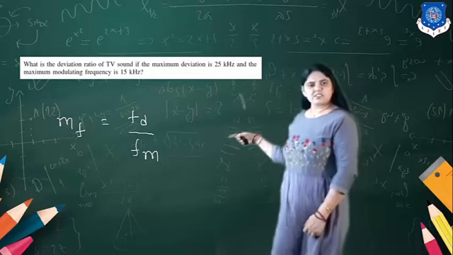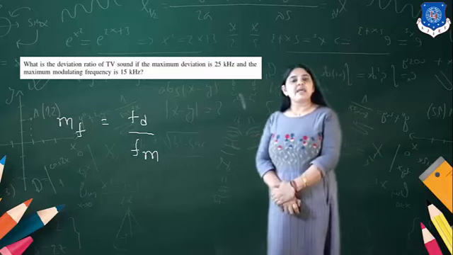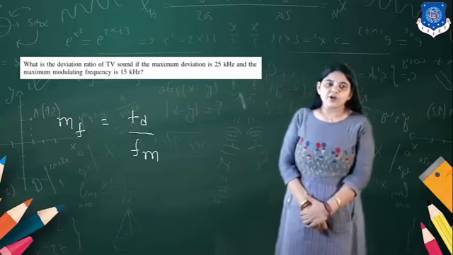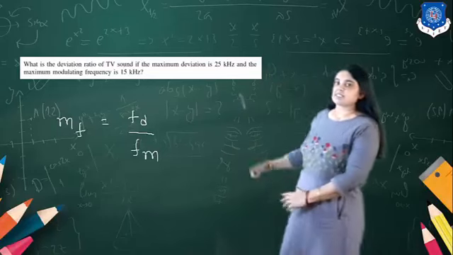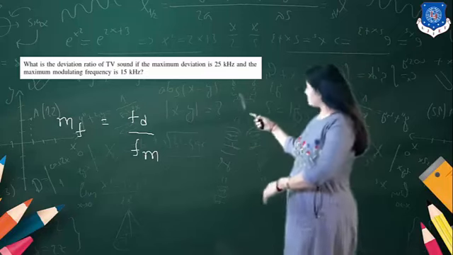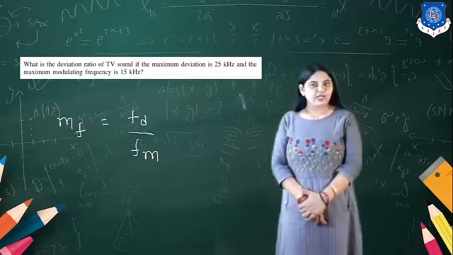So now we'll use the formula, that is the MF. What is the MF? Modulation index in frequency modulation. It is FD upon FM, where FD is the frequency deviation and FM is the maximum modulating frequency.